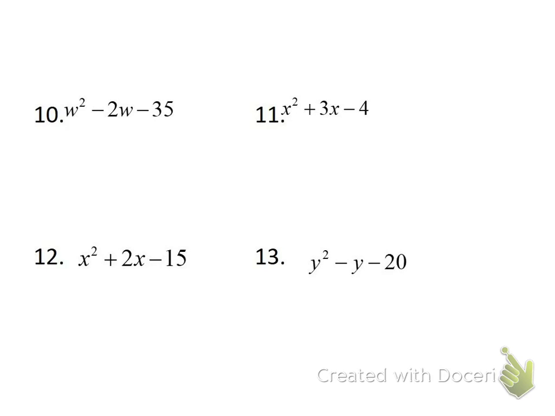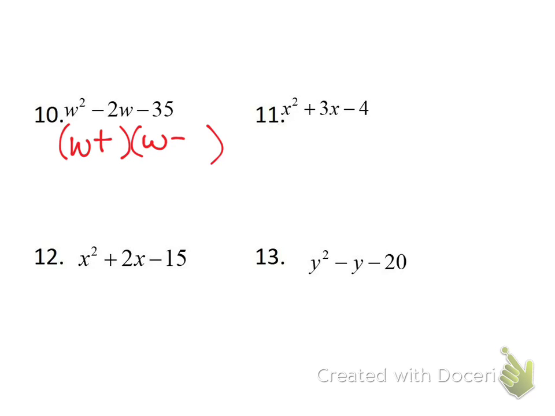So these ones we have to be more careful with our signs. It's a negative then a plus. We do know from our hints that one of them will be adding and one of them will be subtracting. We do still want to multiply to a 35 and add up to a 2, but it's got to add up to a -2.